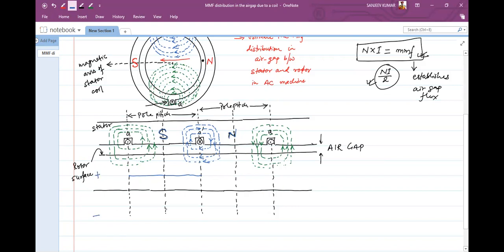And if something is downward like this at N, the magnetic lines of force from both A dash and A are downwards. Therefore, the MMF will be like this, and we simply join these lines to obtain the MMF.